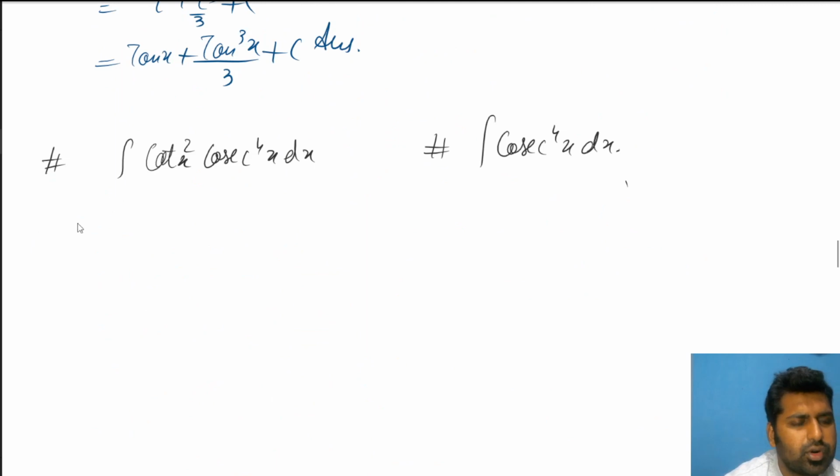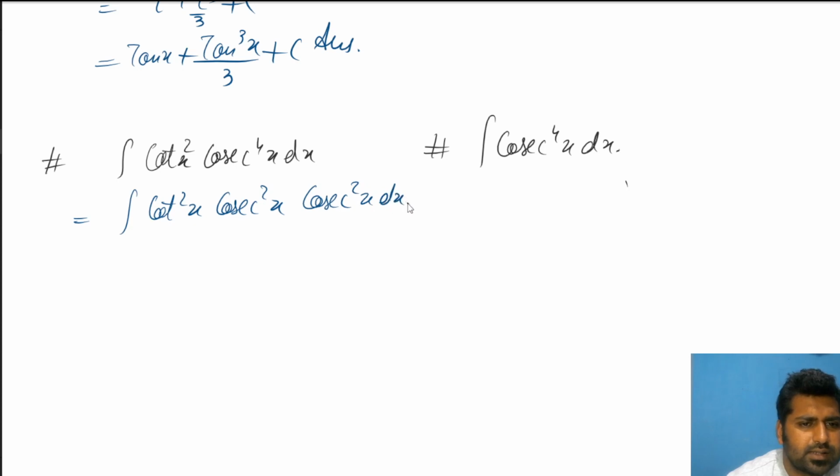Because the differentiation of cot x is minus cosec square x, I am going to separate it first. So integration cot, this is cot, so integration cot is, let it be as it is, but we need cosec square x dx.